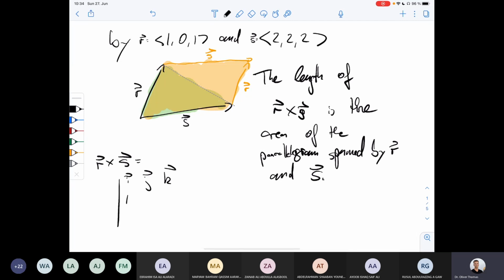This is ijk, 0, 1, 1, 0, 1, 2, 2, 2. Then for the I component, we have 0, minus 2. For the J component, we have 2, minus 2. So this is 0. And for the K component, we have 2, minus 0.